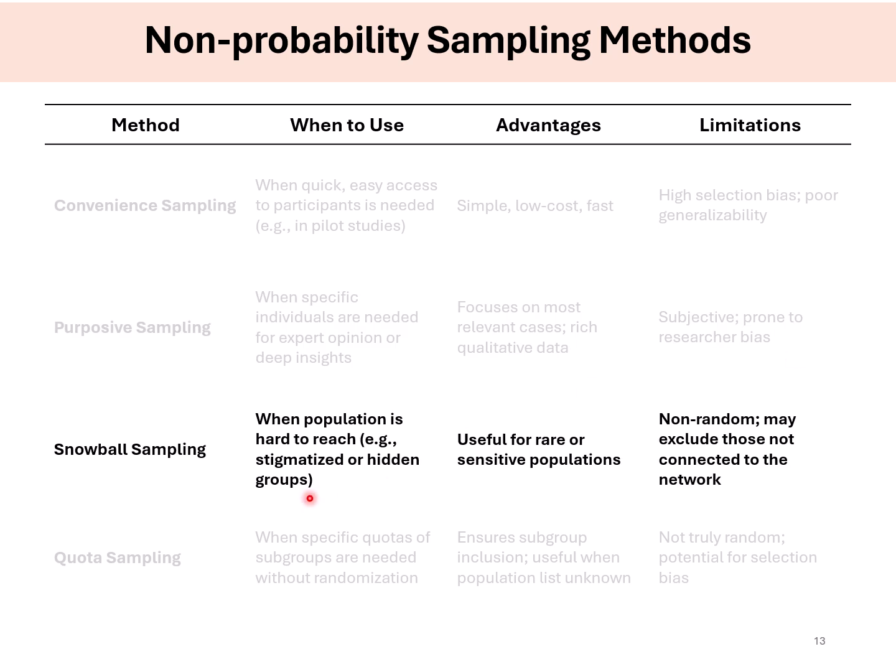Snowball sampling. When the population is hard to reach, for example, stigmatized or hidden groups, in that case we use snowball sampling. It's for rare or sensitive populations, and it's non-random, and may exclude those not connected to the network. So there is a bias in it.